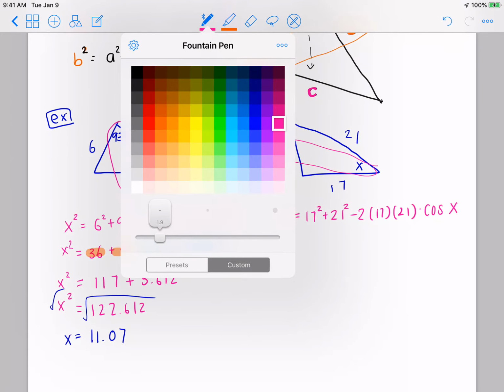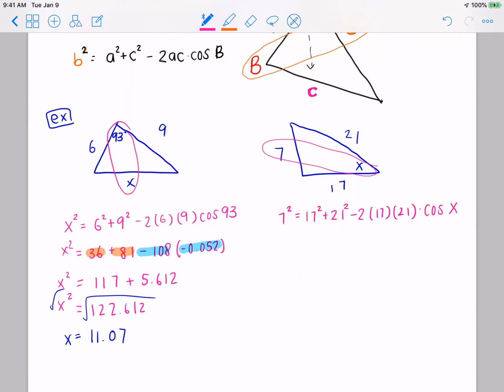Keep going with everything else. We got 17 squared is 289, plus 441, minus, multiply all those three numbers together, is minus 714 cosine x, equals 49. Okay, remember we said these two numbers we can combine together first, which we get 730 minus 714 times cosine x.